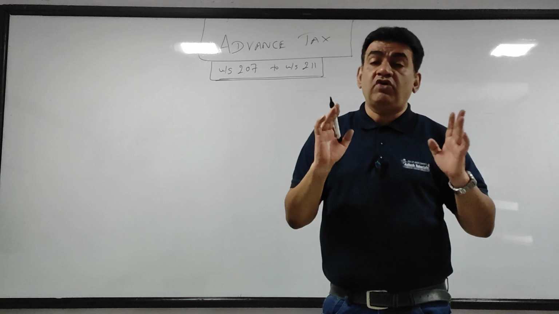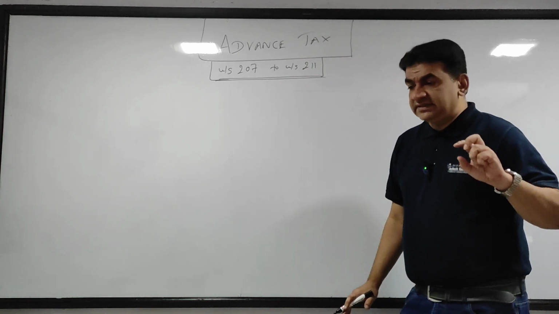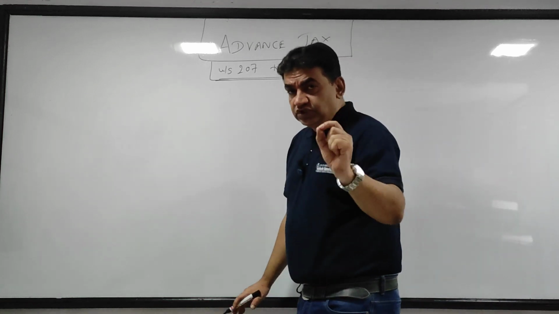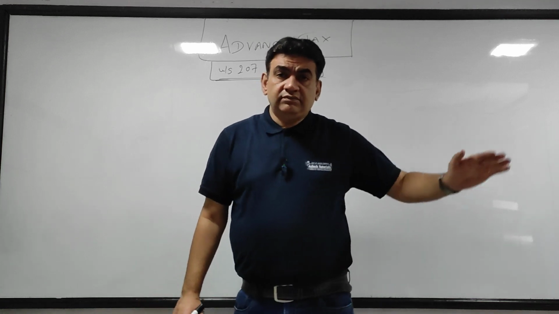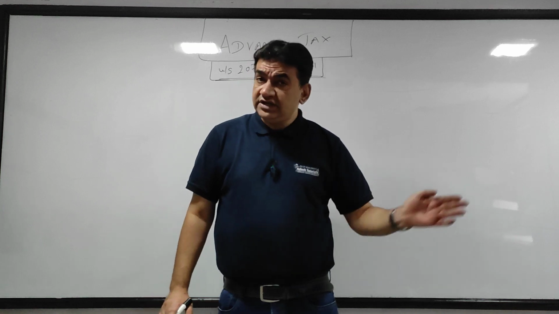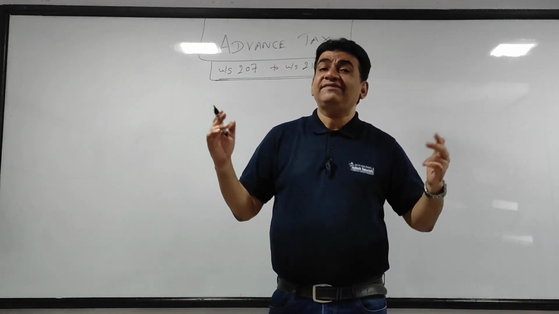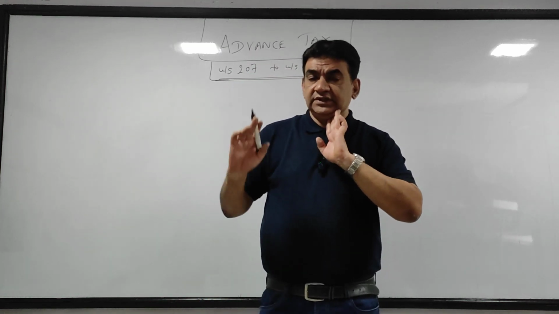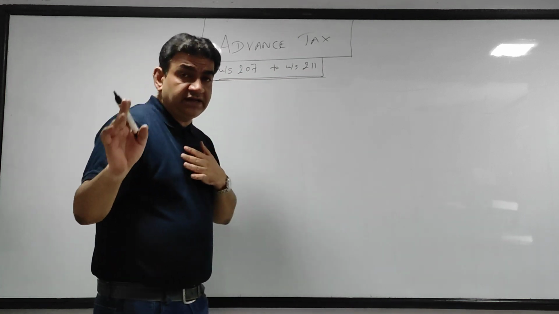But what exactly is advance tax? Now, you are progressing through the year. The year is not yet over. The year is on. Now, you have to estimate your income. You have to estimate your income.